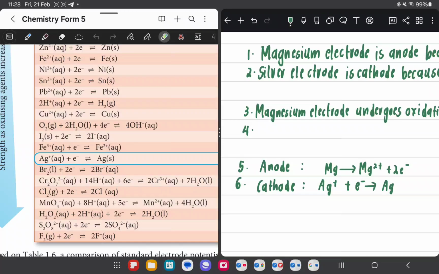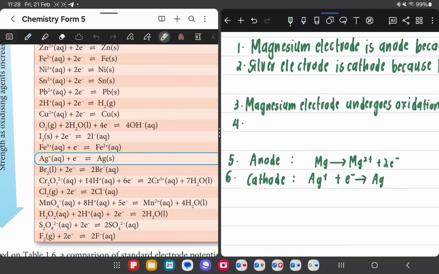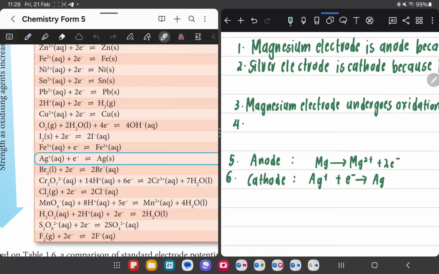Particularly their ion, which is at the ion level. Because for the magnesium electrode, if you look at the half equation, the anode starts with Mg, that's why I say magnesium electrode. While for the silver electrode, you see it starts from Ag plus, so you can say argentum ion undergoes reduction.